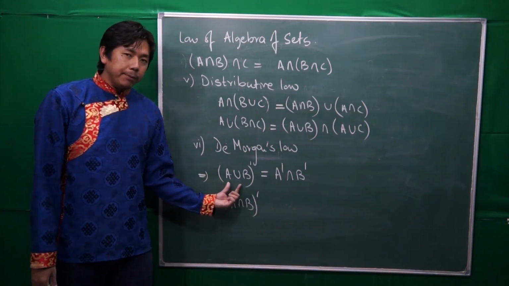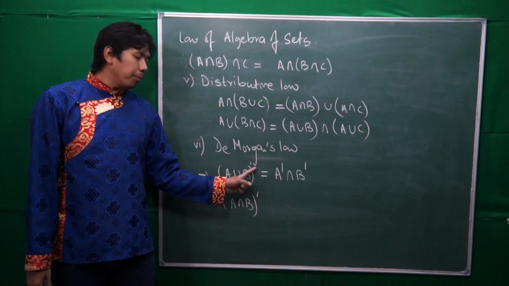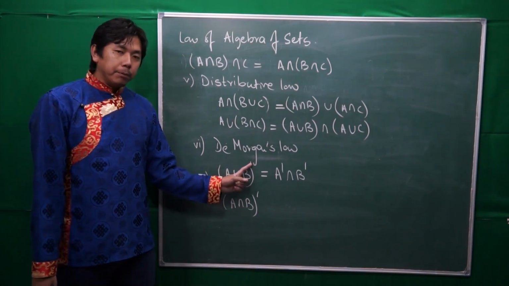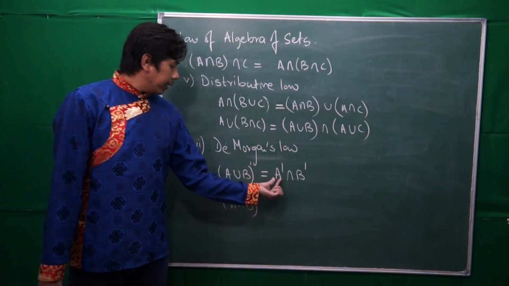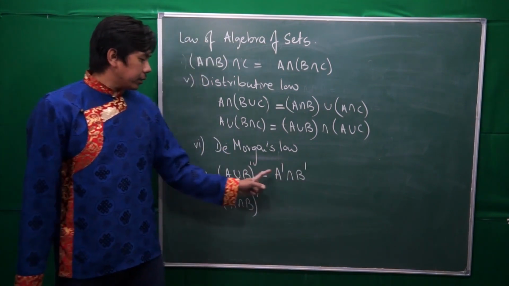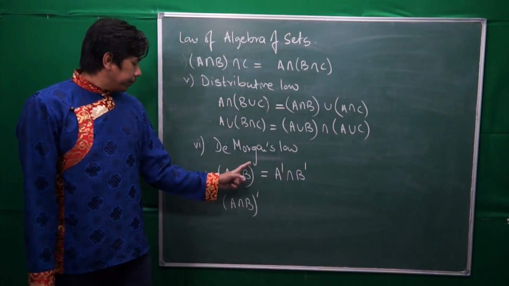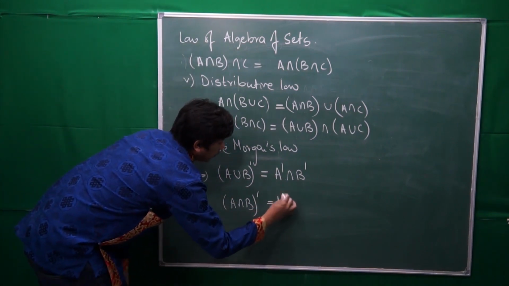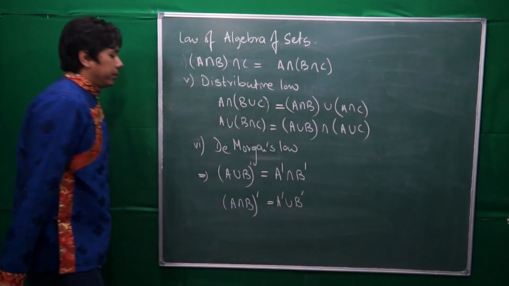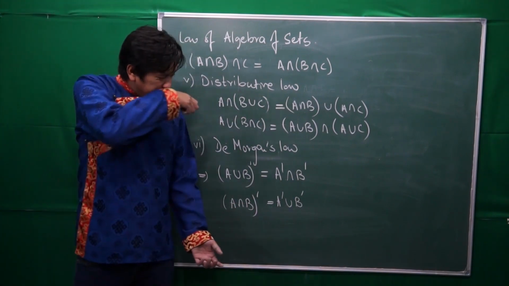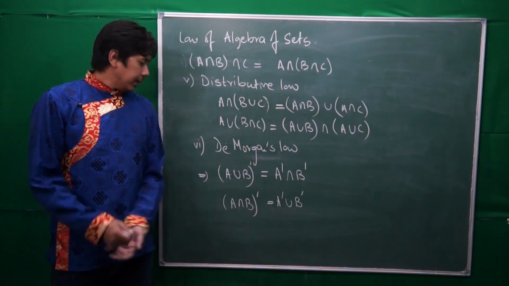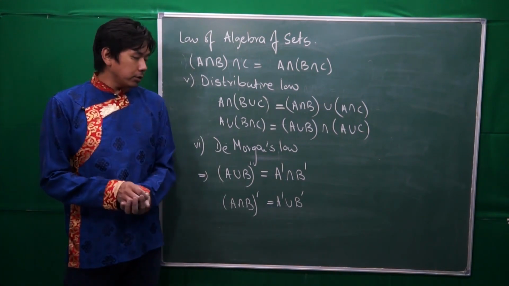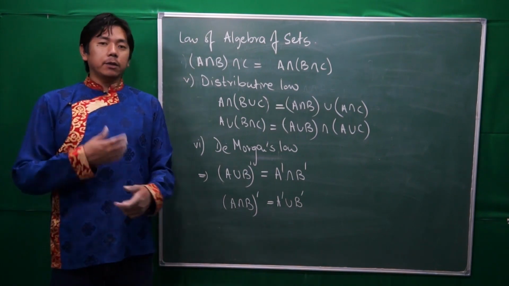First you are finding the union of A and B, and then you are operating a complement on the whole operation. So after union, a complement. Now this is equal to A complement intersection B complement. The union turns into intersection and the complement is distributed to A and B. Same thing in intersection, we have A complement union B complement. Now this De Morgan's law is a very familiar law for the computer science students. They may know what De Morgan's law is. So this is what De Morgan's law is, which is quite helpful in certain provings.